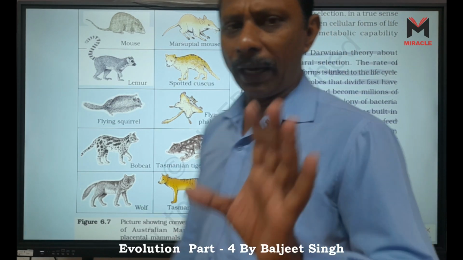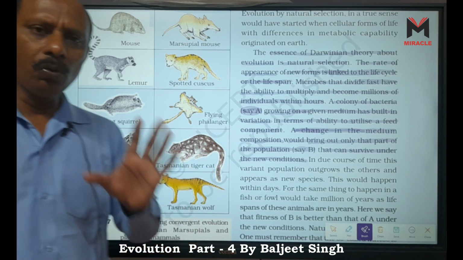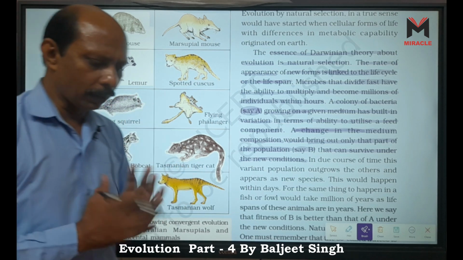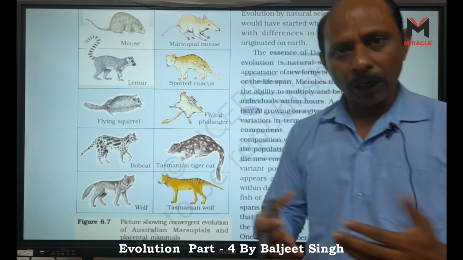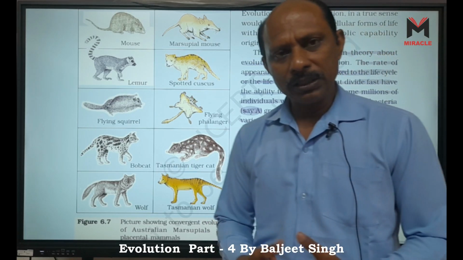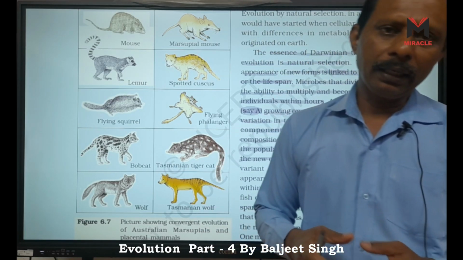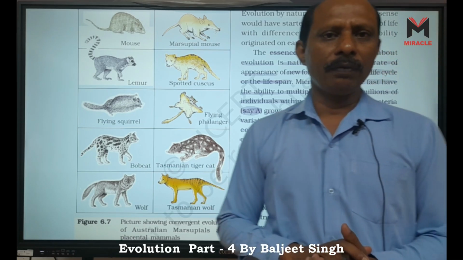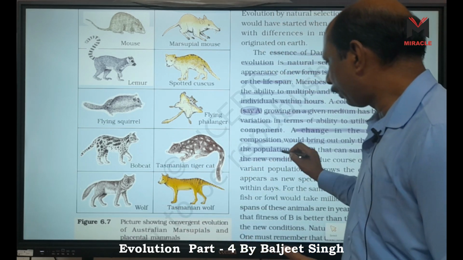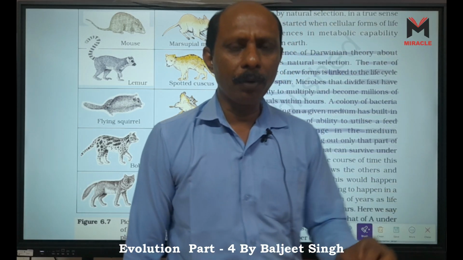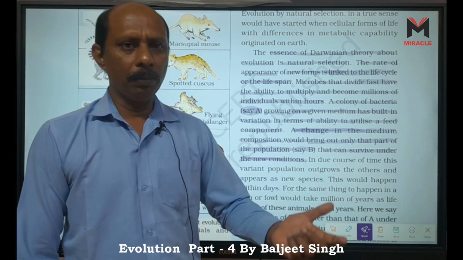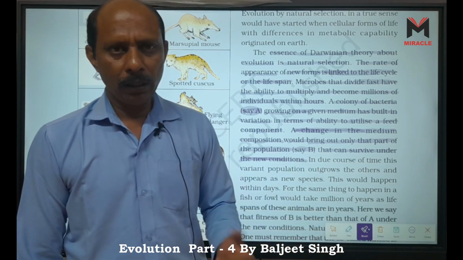Only the bacteria which can survive in the new culture can reproduce, but others who cannot adapt to the environment die. Only B can survive because it can reproduce in the altered medium, a different medium.